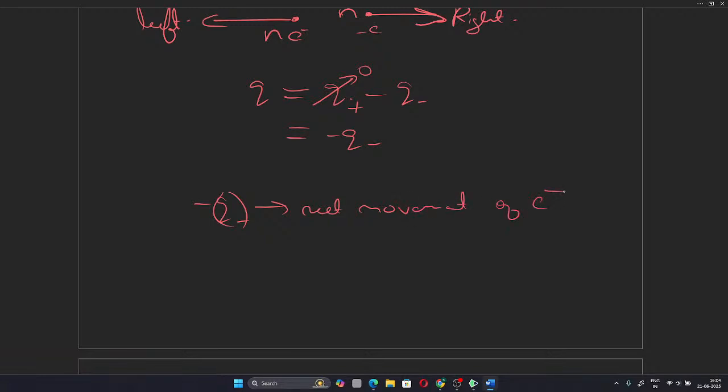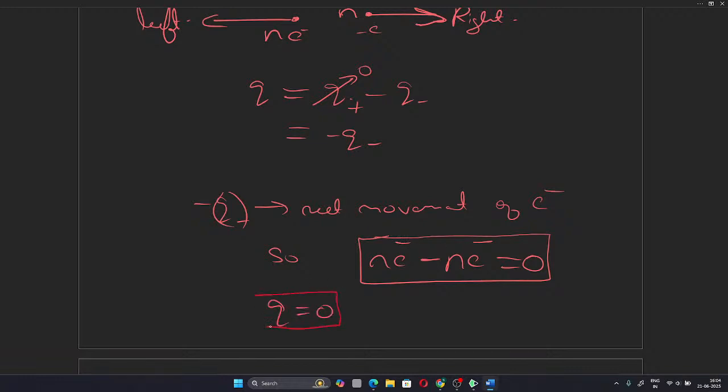So if n number of electrons are moving to the right side minus n number of electrons moving to the left side, the same minus same will be 0. As such, q will also be 0. If q is 0, I will also be 0.